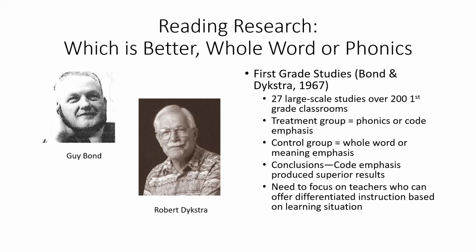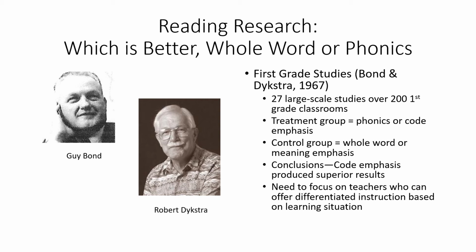By the end of the 60s, the question was, which method is best, whole word or phonics? And to try to solve that question, there was a set of 27 large-scale studies of first-grade classrooms. In all, more than 200 first-grade classrooms were involved in these various studies.